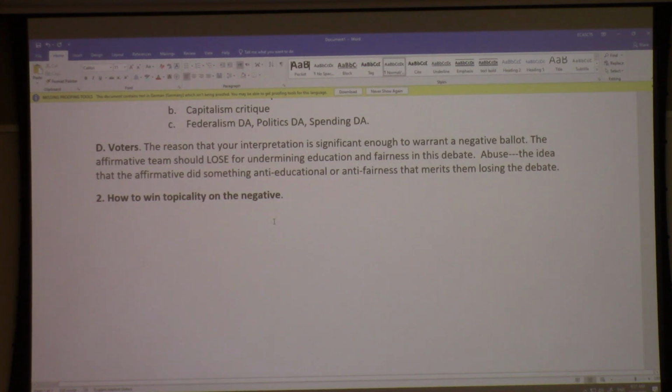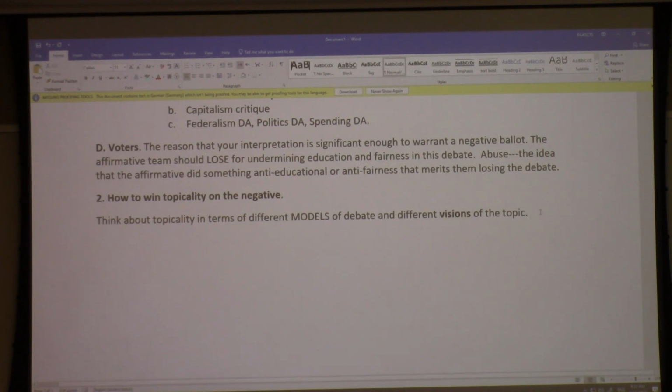You want to think of topicality as not just a question of violating different definitions, but rather different models of debate and different visions of the topic.